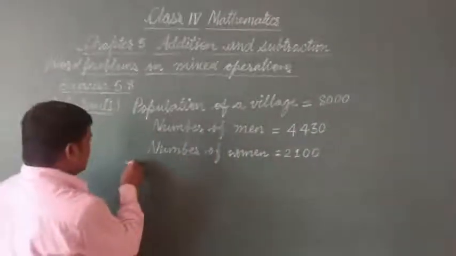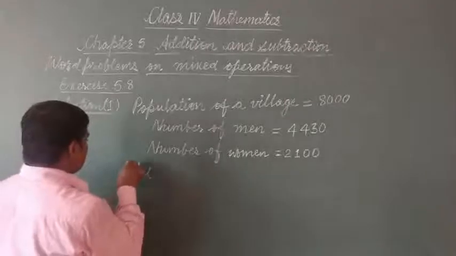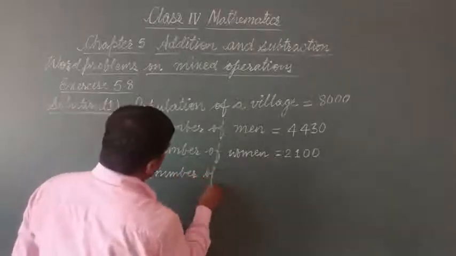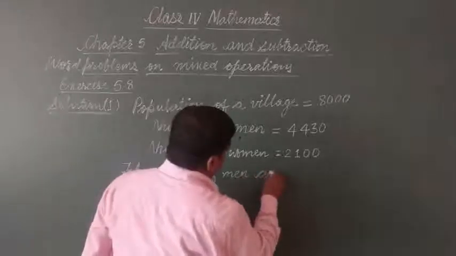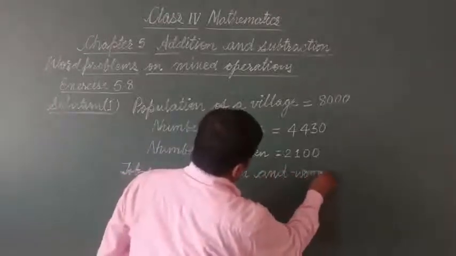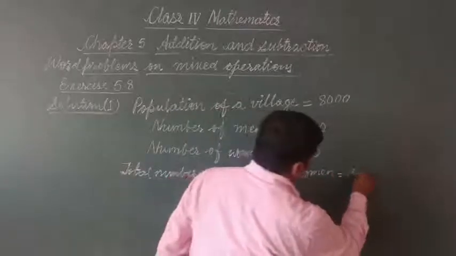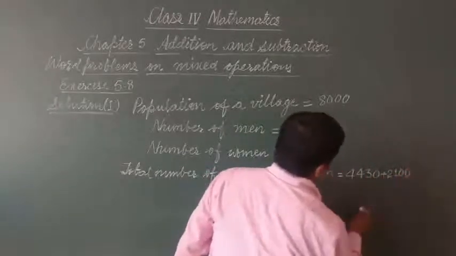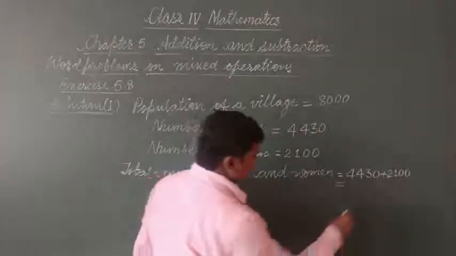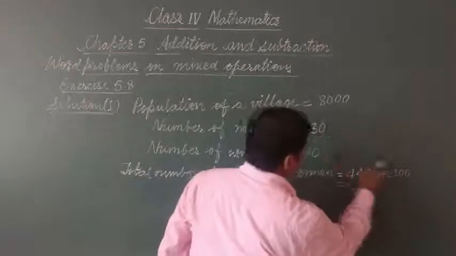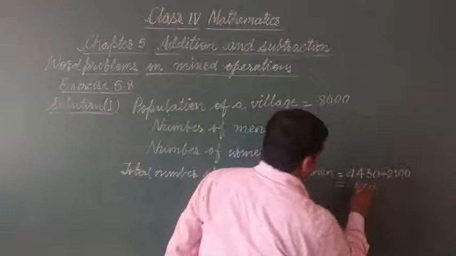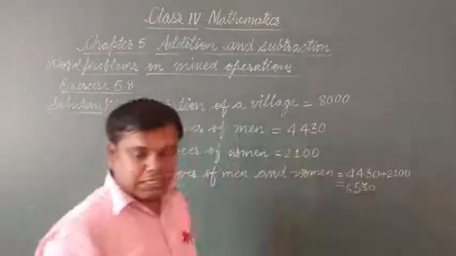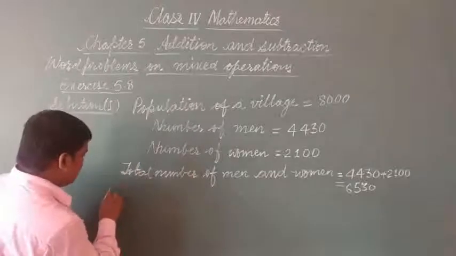So we write total number of men and women is equal to 4,430 plus 2,100, and when you will add, you will get 0 plus 0, 0, 3 plus 0, 3, 4 plus 1, 5, and 4 plus 2, 6. 6,530.